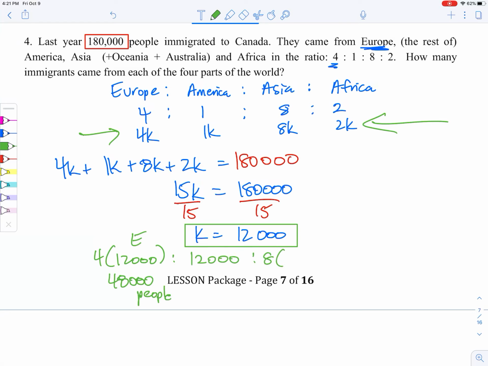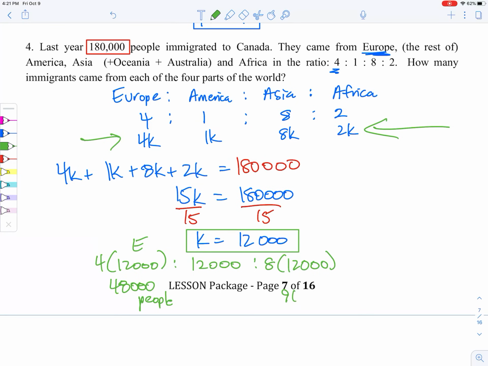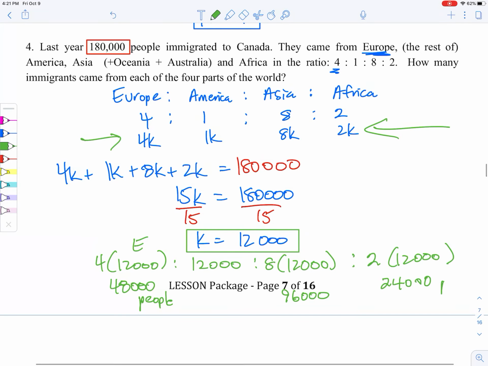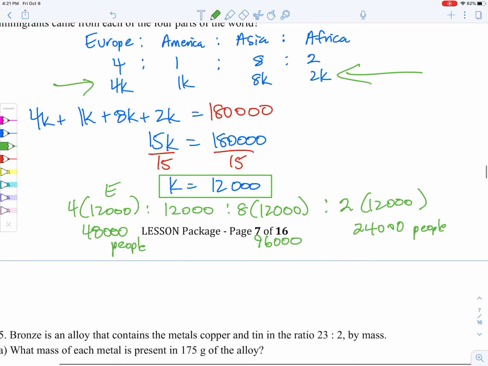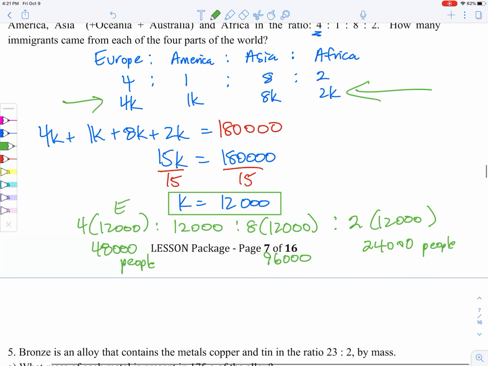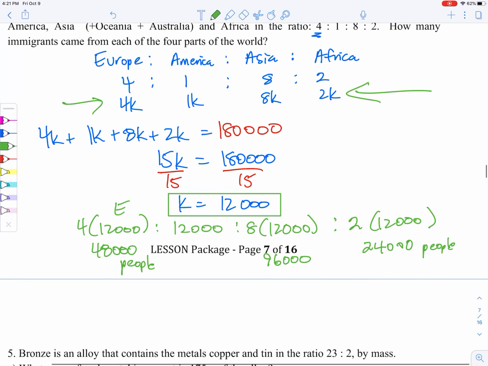Asia is going to be 8 times 12,000, which is going to be 96,000 people. And then Africa is 2 times 12,000, which is 24,000 people. And we can add them all together, and when we do that, it very nicely works out to be 180,000.